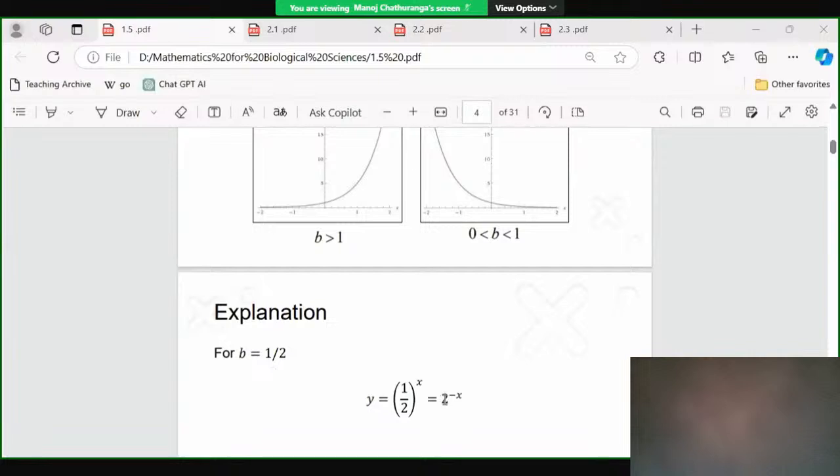In that case, (1/3) to the power x is the same as 3 to the power minus x. So likewise, you can take any number between 0 and 1 as the base and make it something bigger than 1. When you do so, x gets changed. x changes from a positive value to a negative value, right?